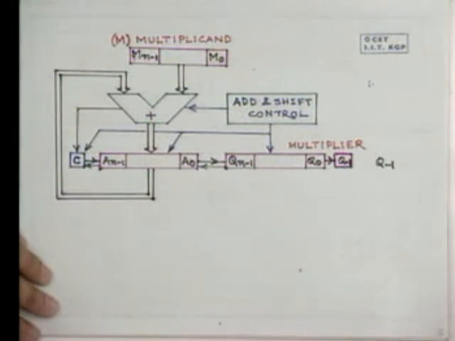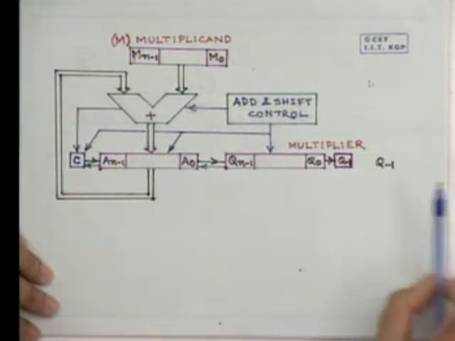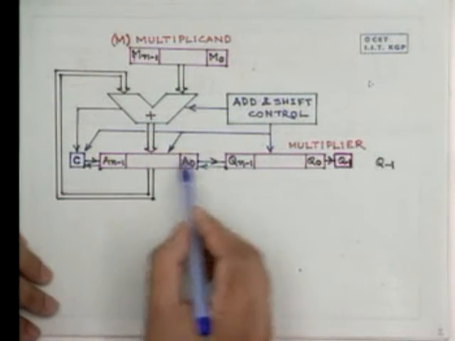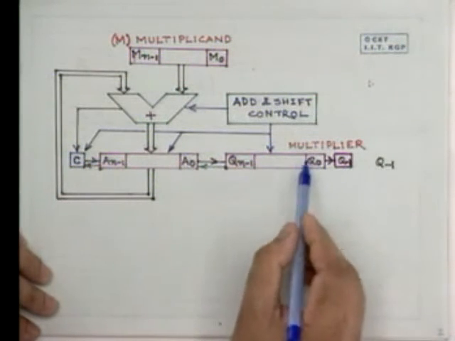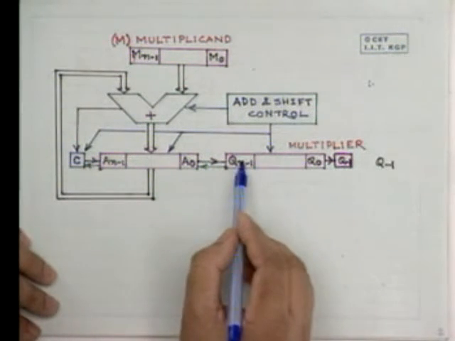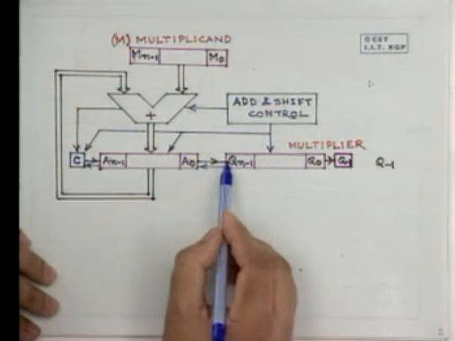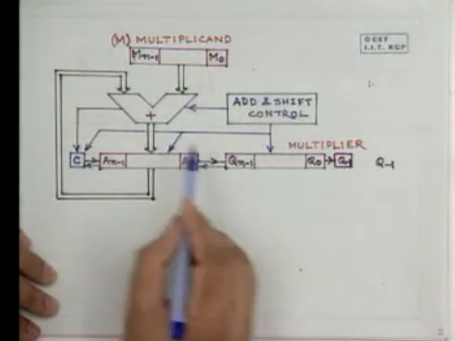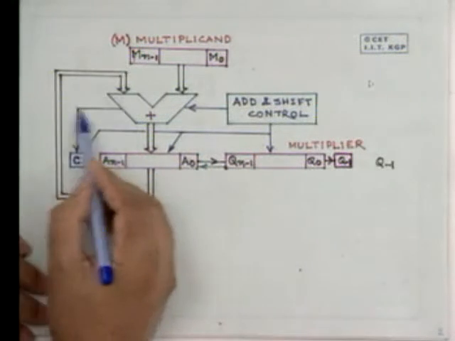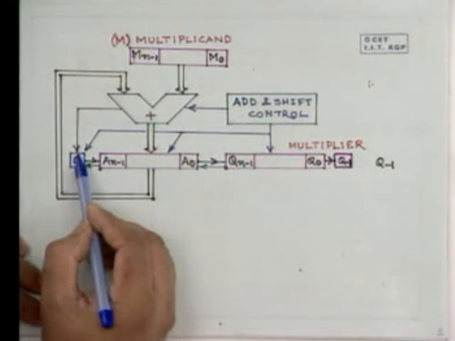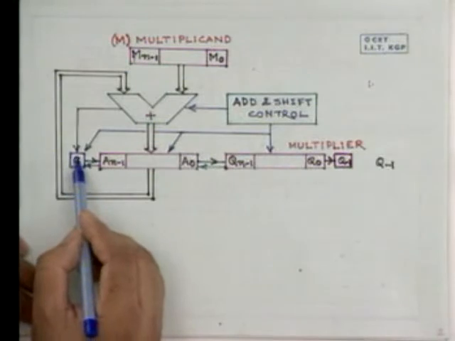Here, this is basically an adder, and the result that we have here, this n bit and this n bit, I can shift to the right. That means this goes to the right, this goes to the right, and when I am doing addition, if there is some carry generated out of the most significant bit, the carry comes over to here.